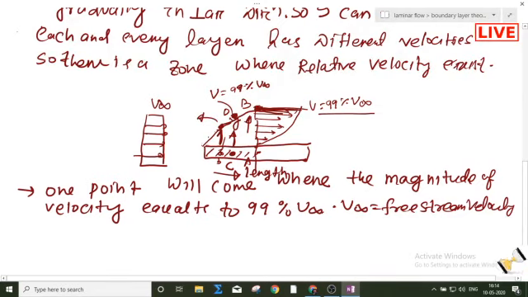That line will be called the boundary layer.